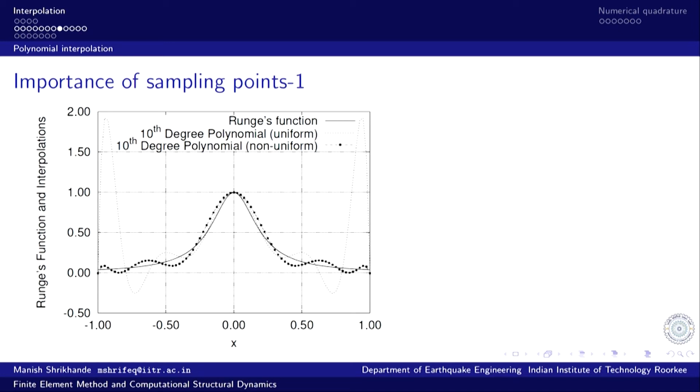You can see that the function value exactly matches at regular intervals. So the Runge function and the 10th degree interpolation polynomial match exactly at the nodes of interpolation, but in between the nodes, particularly in the end intervals, I would draw your attention to the wild fluctuations between two nodes, and that is because of the constraint that has been imposed.